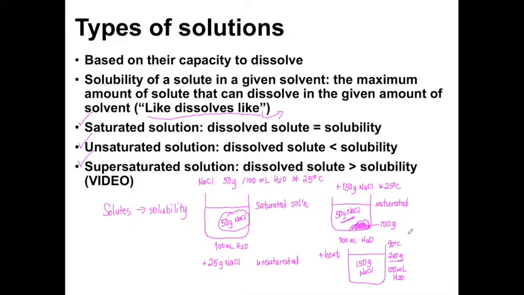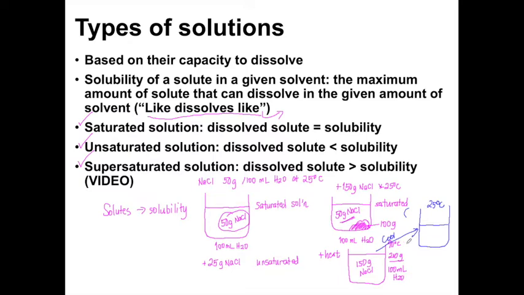Now, the next thing I will do is cool down this solution back to 25 degrees Celsius, but we will avoid the precipitation of the excess 100 grams of sodium chloride.